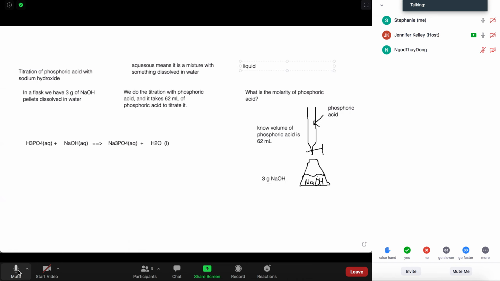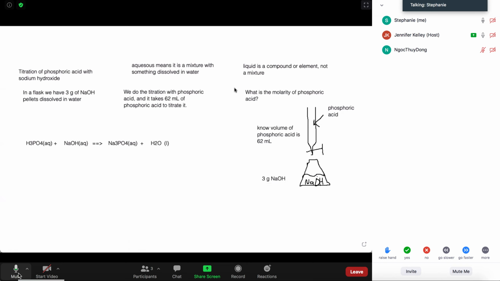Liquid is going to be a compound or an element in the liquid state. Now, obviously, the aqueous solution is liquid, but they put aqueous because it's a particular type of liquid. And with the water, they put liquid because it's a molecule in the liquid state, if that makes sense.